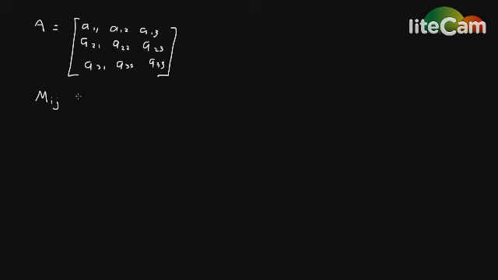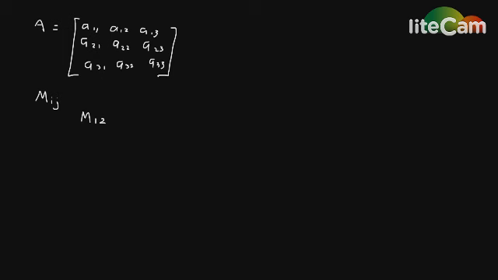So, for example, let's talk about M12. The minor 12 is the determinant of the matrix that's derived by deleting row 1 and column 2.